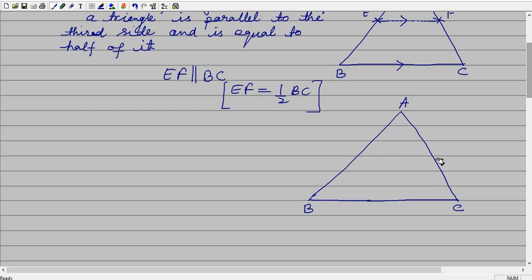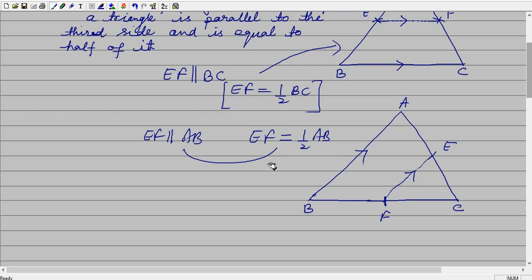For example, the midpoint of AC, suppose this one is E. Second, the midpoint of BC, suppose F. If you join the midpoints, again you can say EF is parallel to the third side, AB. So EF is equal to half of AB, and EF is also parallel to AB. So this one is the example for the first figure.